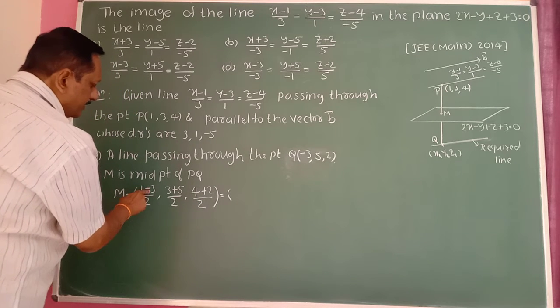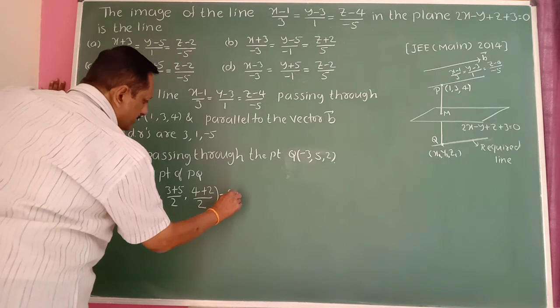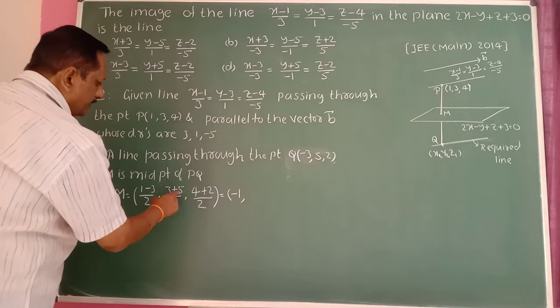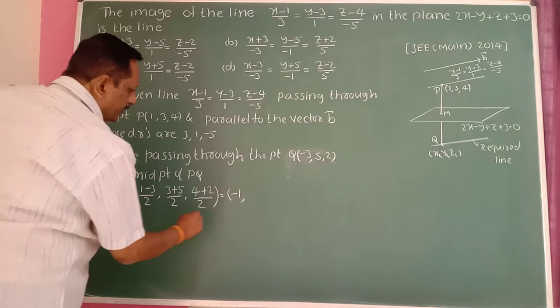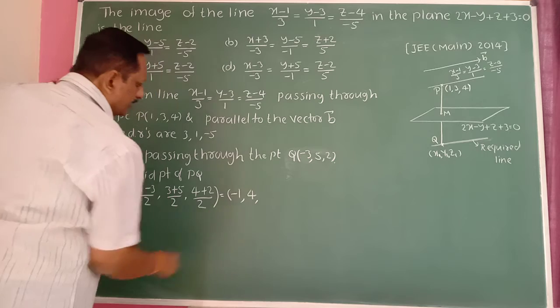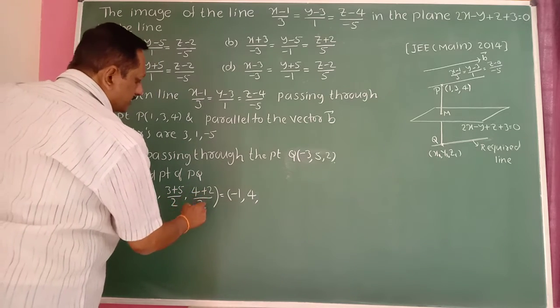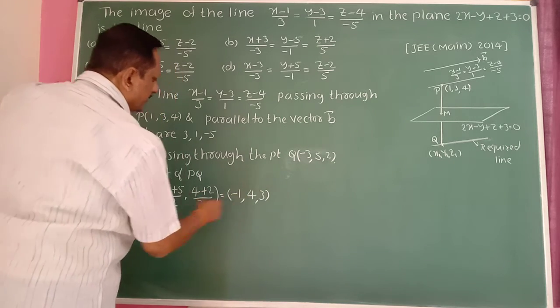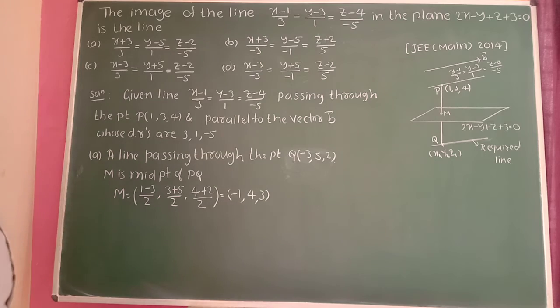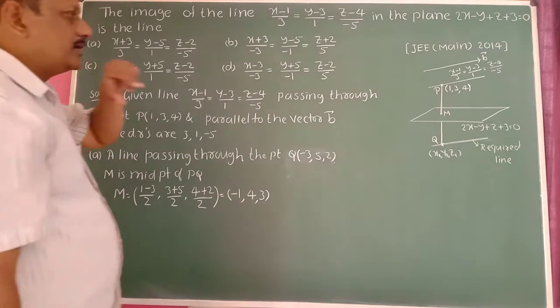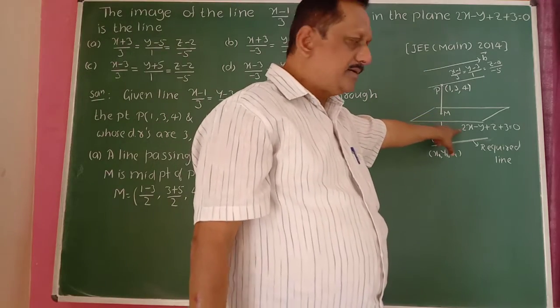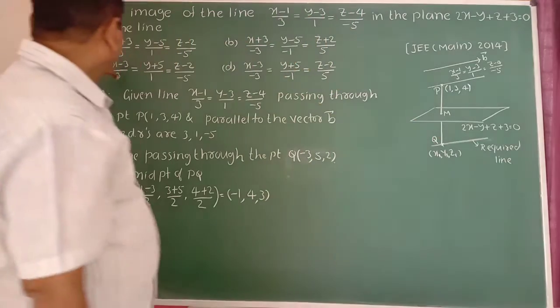So 1 minus 3 is minus 2, upon 2 gives minus 1. 5 plus 3 is 8, 8 upon 2 gives 4. 4 plus 2 is 6, 6 upon 2 becomes 3. So this is M. If this point lies on the plane, that is, if it satisfies the equation, then this first option is correct.